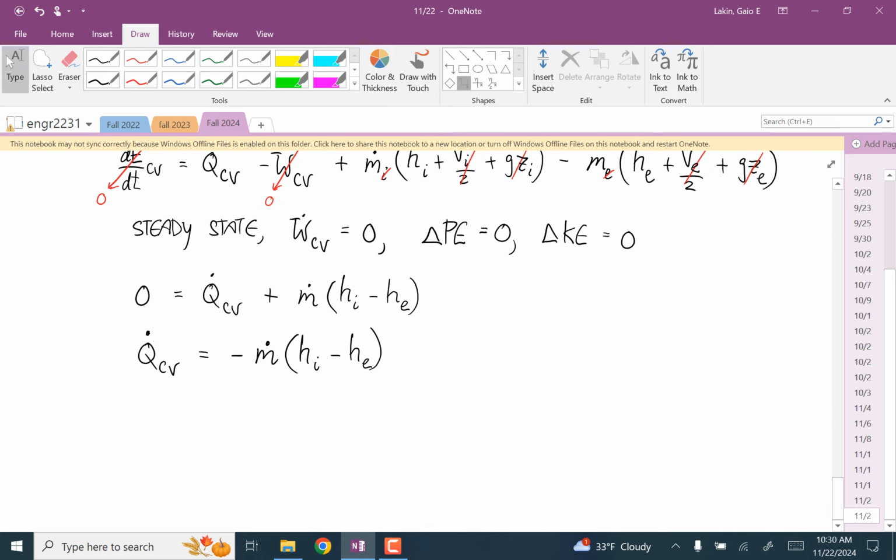Yeah. So I'll write this as Q dot at the boiler is equal to m dot times h_e minus h_i. And so Q dot at the boiler divided by m dot is equal to h1 minus h4.